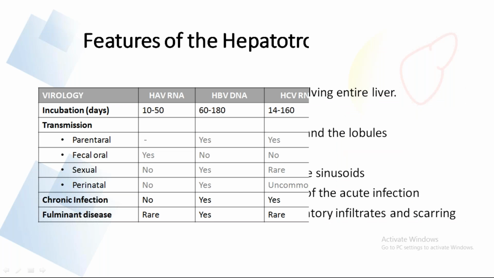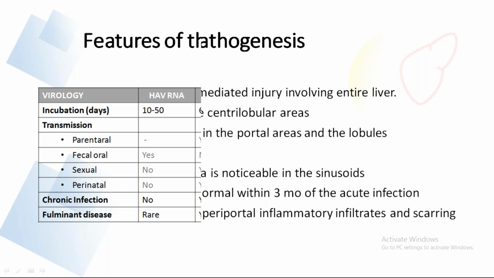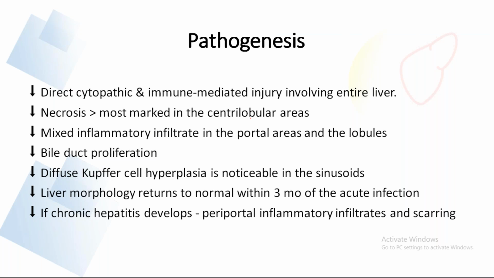Now, how is the pathogenesis of this? Look at the pathogenesis. It is a direct cytopathic effect, because these are hepatotrophic viruses, as I told you. Then there is immune-mediated injury involving the entire liver, leading to necrosis, and necrosis is more marked in the centrilobular areas, the centrilobular necrosis.